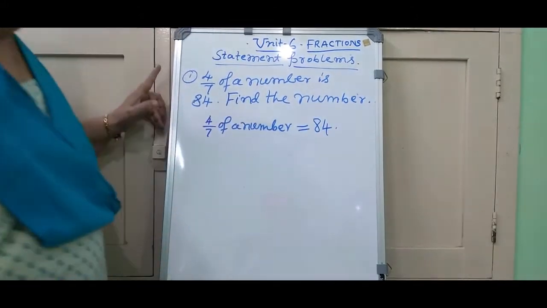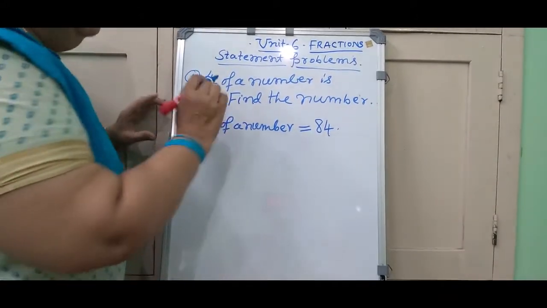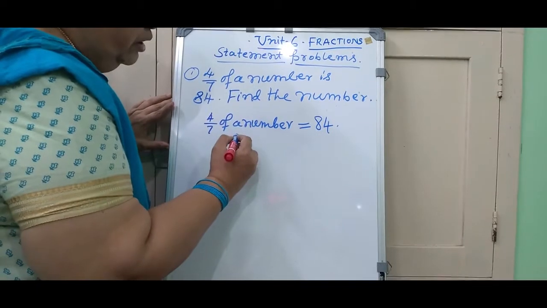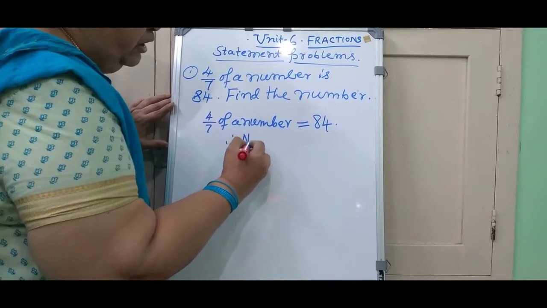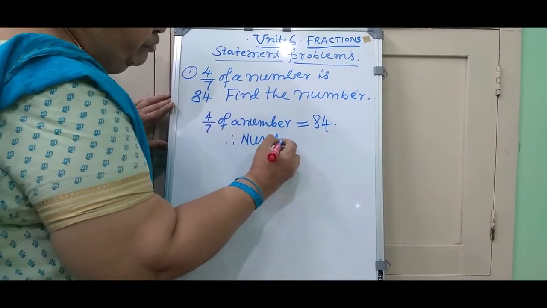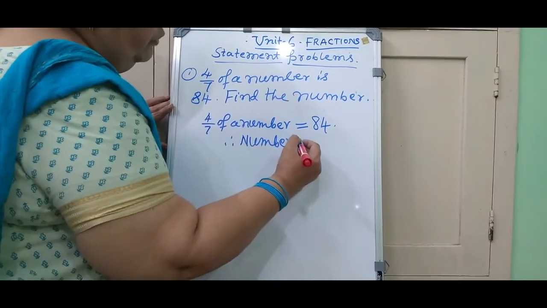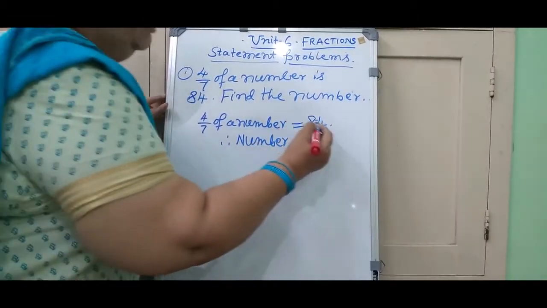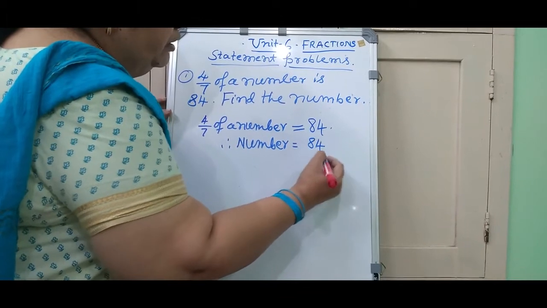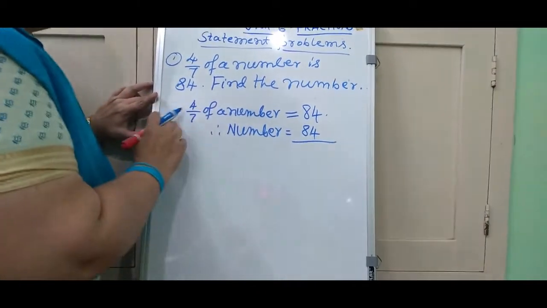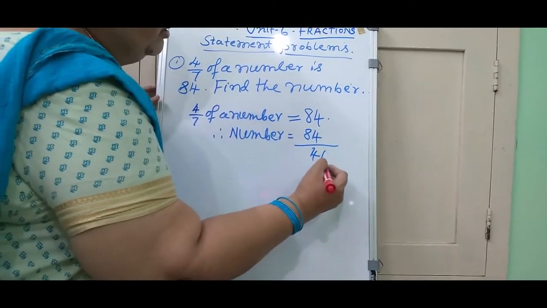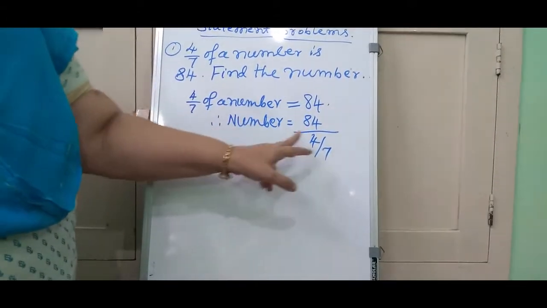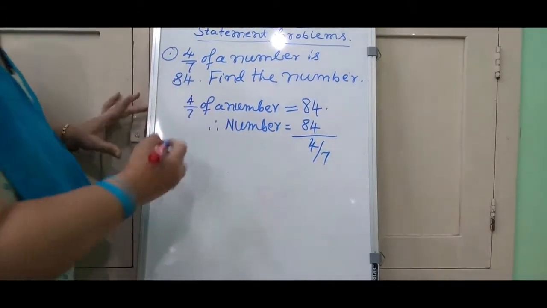I will write like this. And then I want to find the number. So therefore the number can be written like this. Therefore number is equal to this 84, this whole divided by 4 by 7. 84 whole divided by 4 by 7.